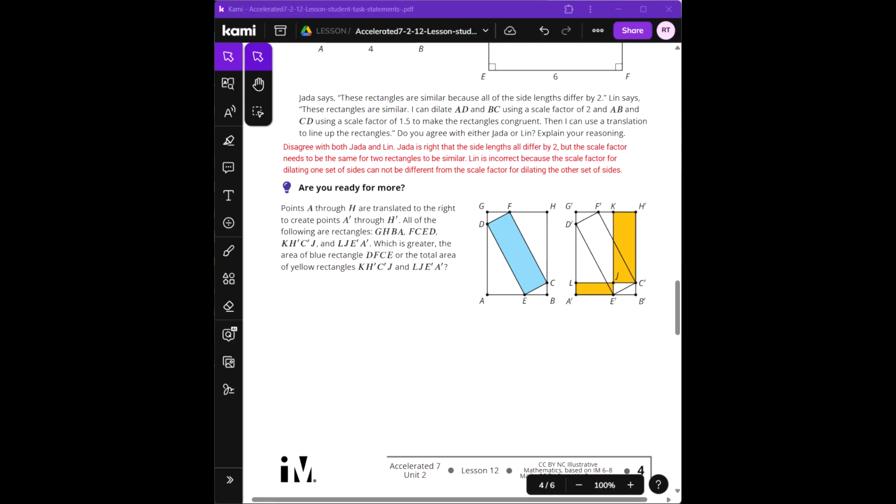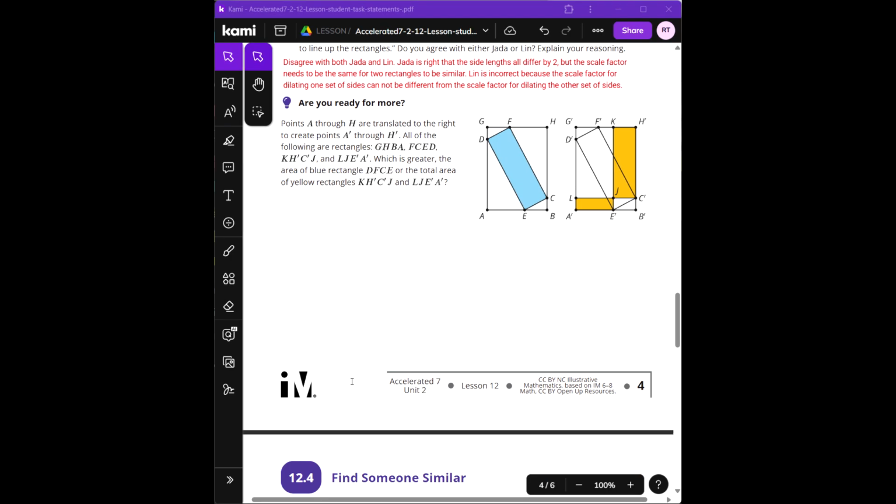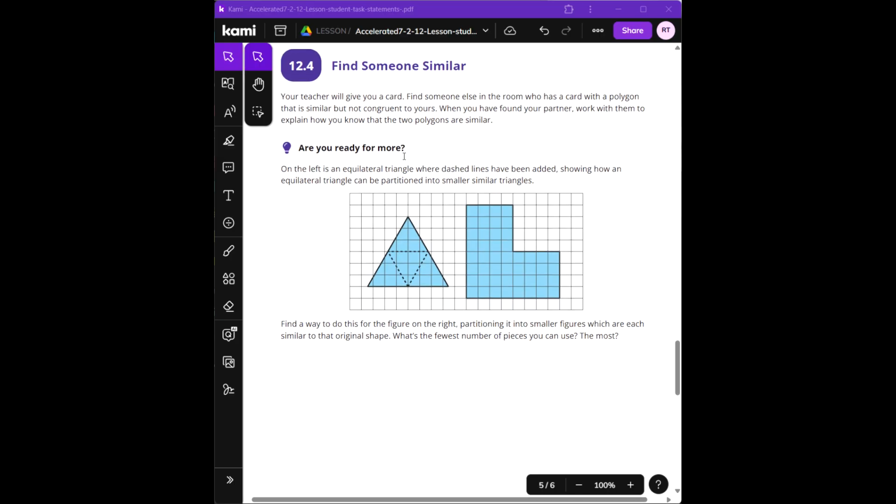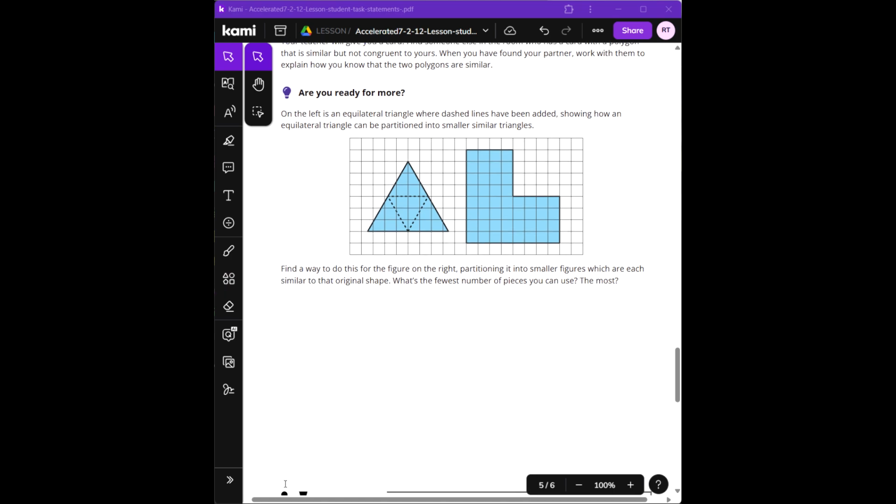Are you ready for more? We are going to skip the are you ready for more here. All right, so now your teacher will give you a card. For this one, if we have the cards, go ahead and work on that. If we don't have the cards, then that is okay. Let me go ahead and put down some answers for you.